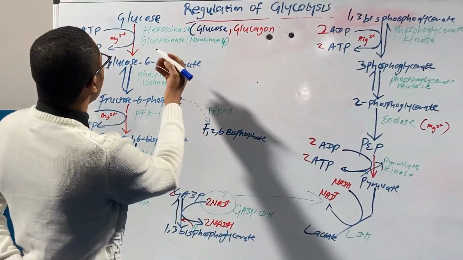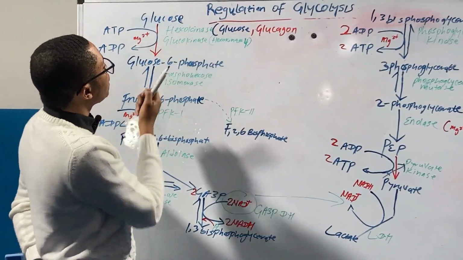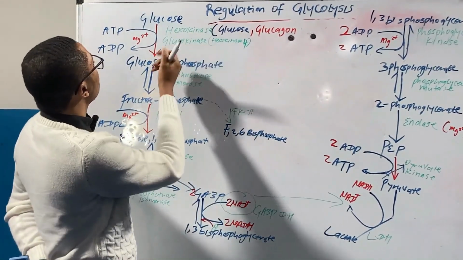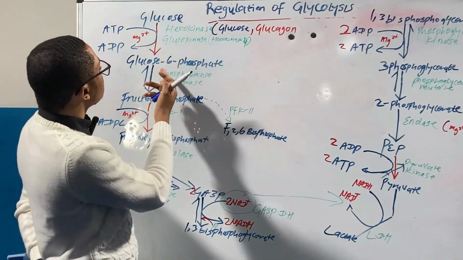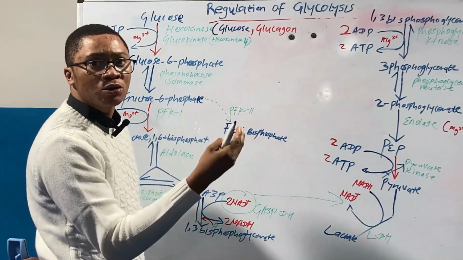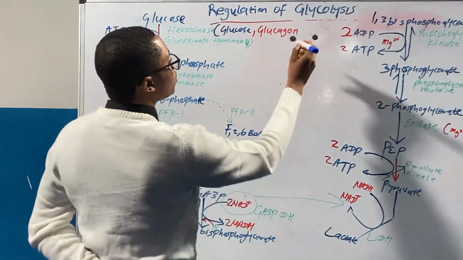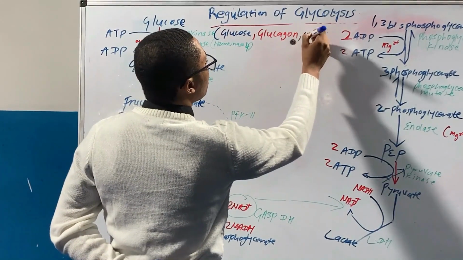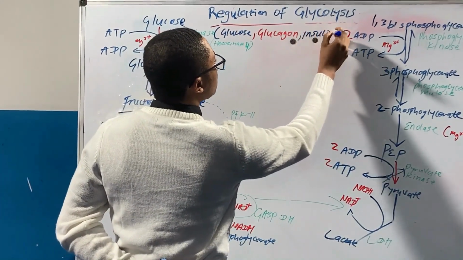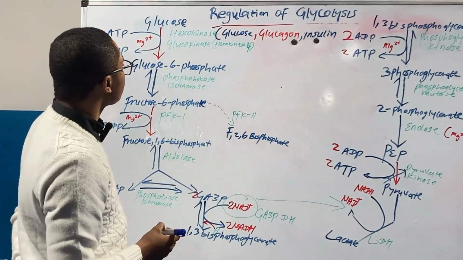Insulin also stimulates hexokinase to phosphorylate glucose into glucose phosphate, so it promotes the breakdown of glucose. So insulin is a stimulator of this enzyme.